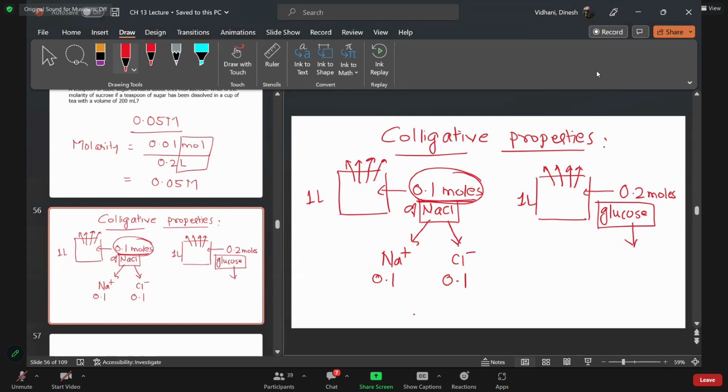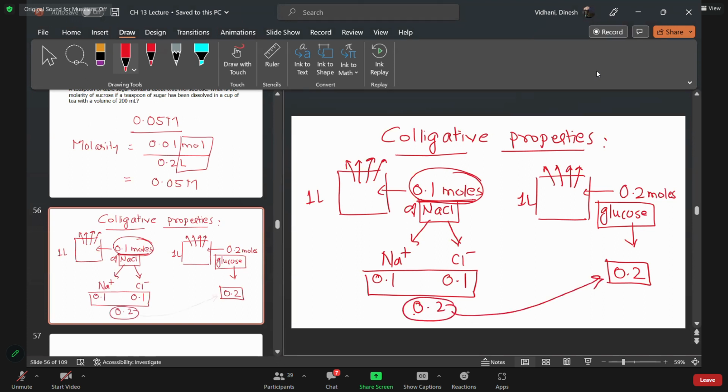The answer is no. It's a molecular solid. It will not split into ions. It's not going to dissociate into ions. So 0.2 moles of glucose will stay as 0.2 moles of glucose. That's not going to change. But see what happens over here. The total number of particles that we have in the solution for sodium chloride is now 0.2. Now this number and this number are the same.